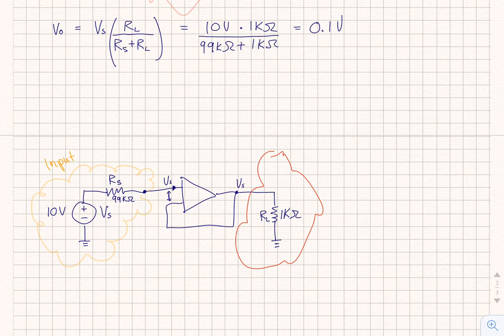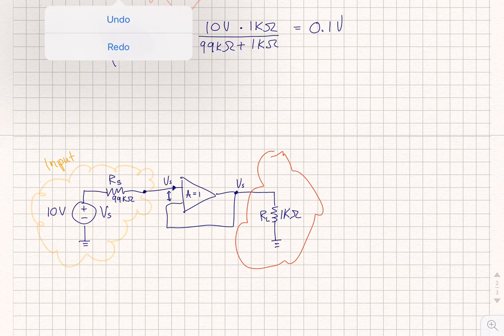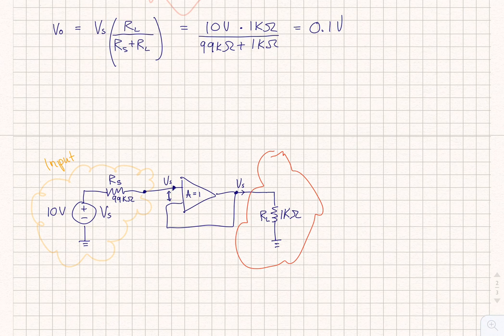And then this op-amp, because it has a gain of 1, is going to say there has to be VS there. So it's going to pump a lot of current in here to match this circuit being VS and then this being V out.